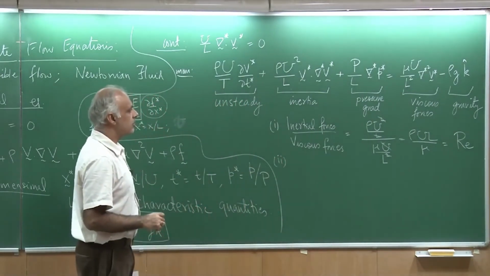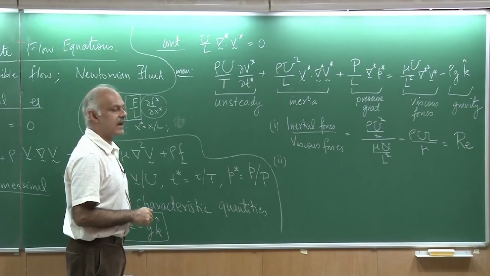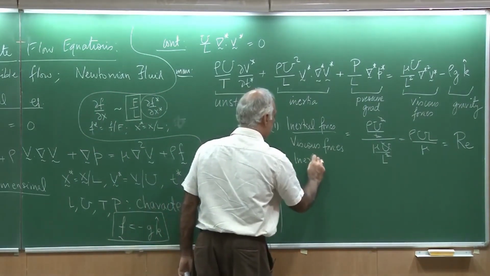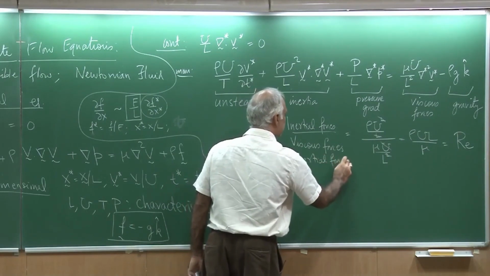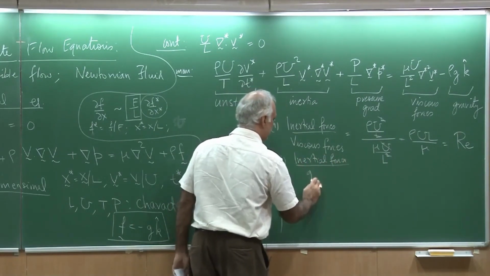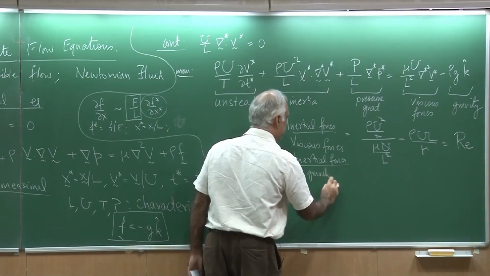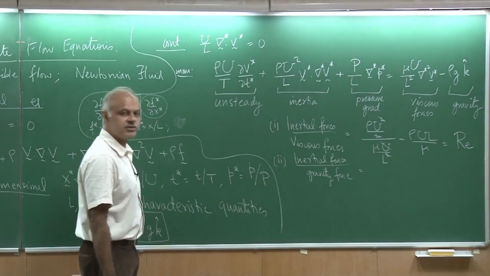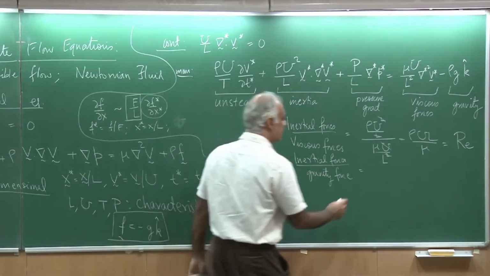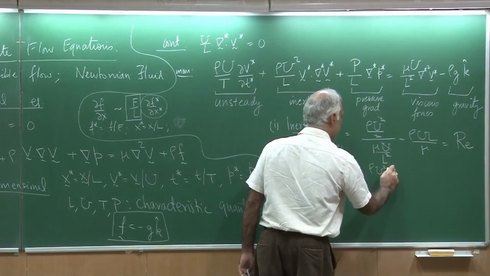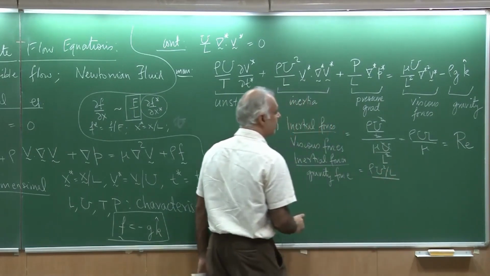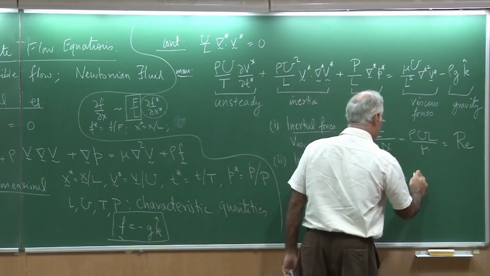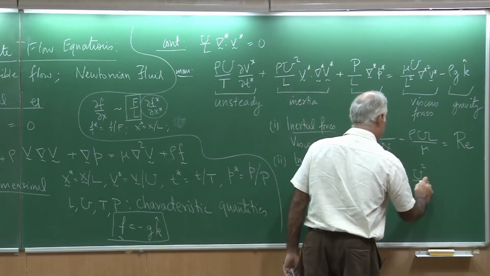Suppose now I want to know what about gravity. So let's say what is the ratio of inertial forces to the force due to gravity. I am simply calling it the gravity force. And then again I could do this arithmetic and say rho u square by L divided by the gravity force, which is rho g, and therefore this would become u square by L g.